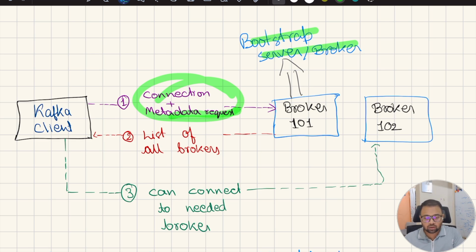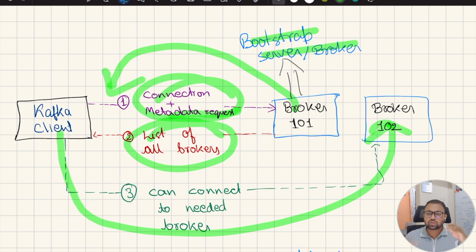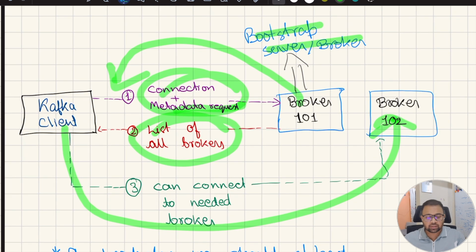This broker will give the list of all the brokers and all the metadata. After that, the Kafka client can talk to any other brokers. This is the way of communicating. Any broker of a Kafka cluster can act as a bootstrap server.